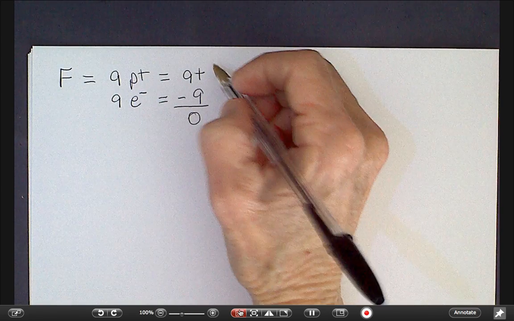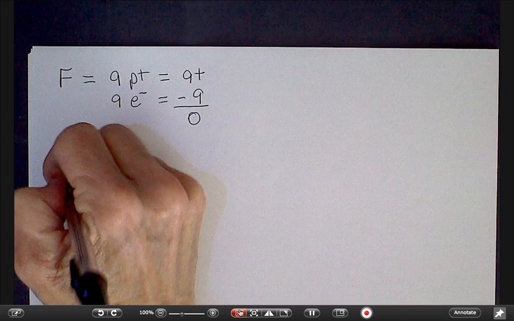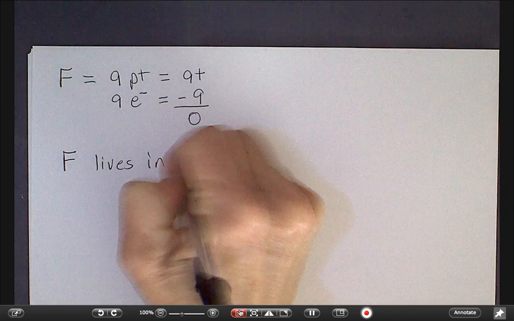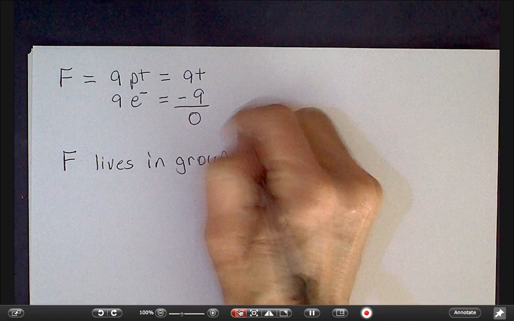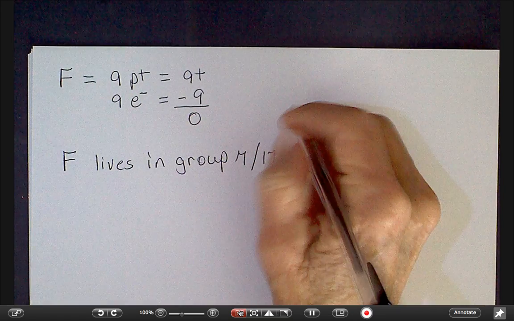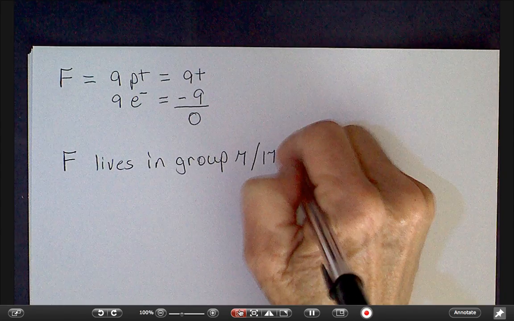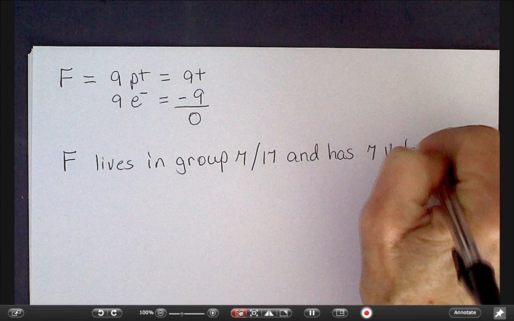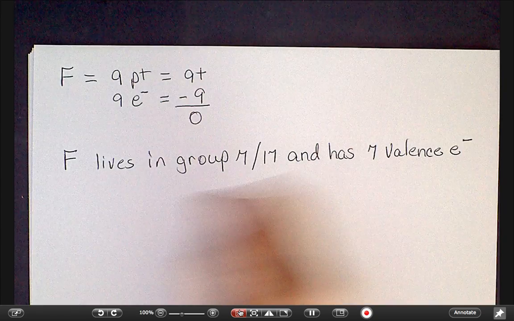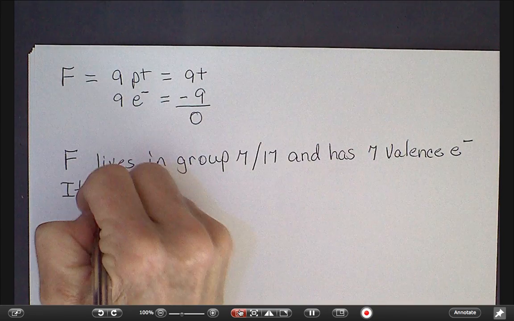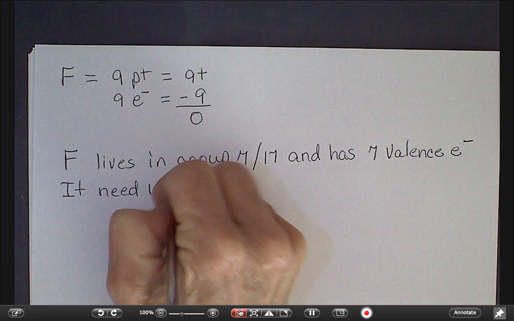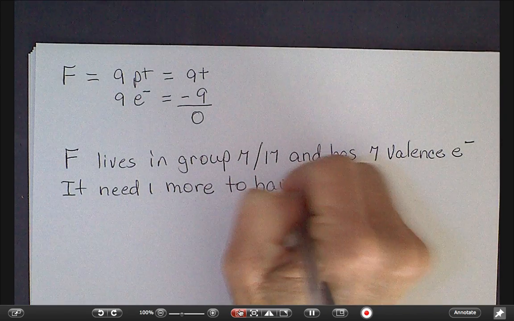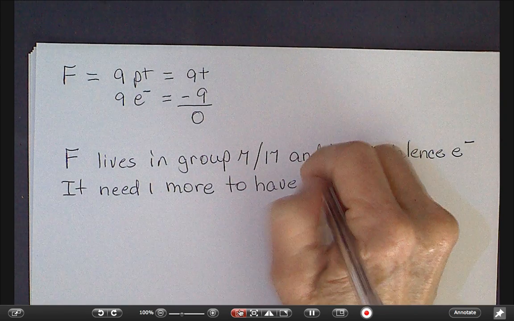Now then, fluorine lives in group 7 or 17, and has 7 valence electrons. It needs 1 more to have a noble gas configuration.